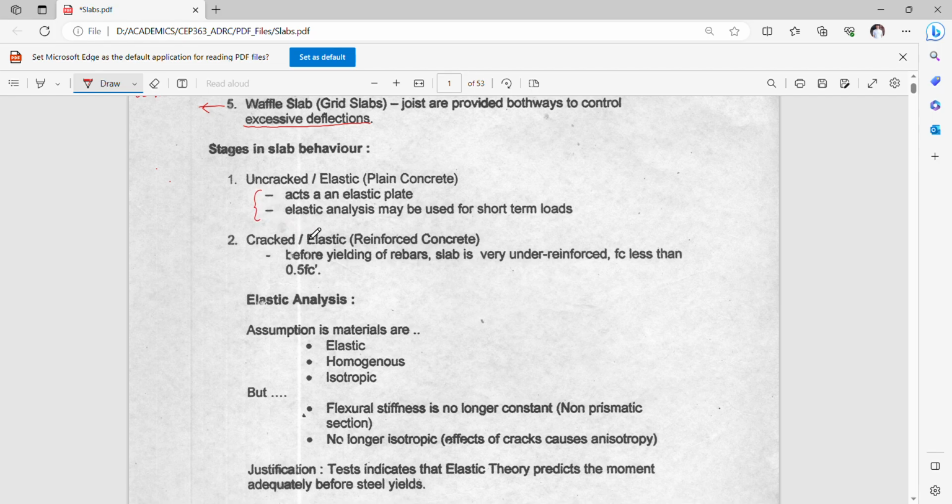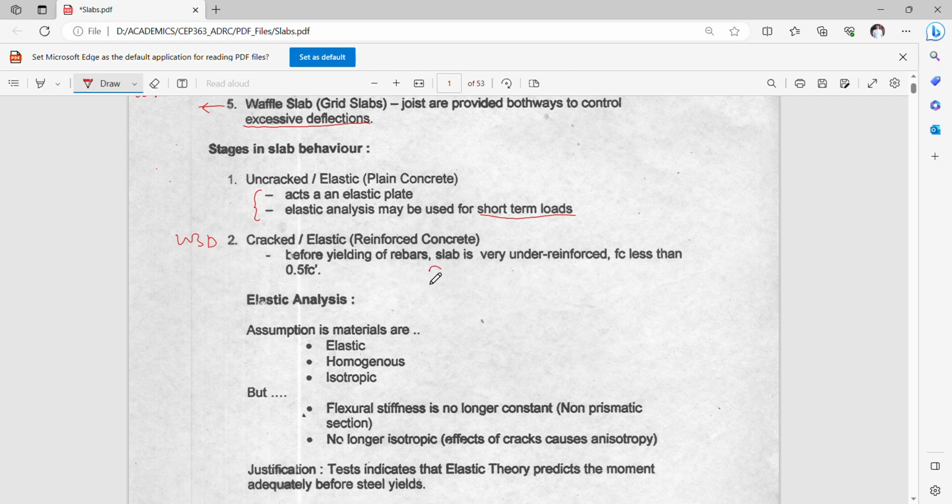For the uncracked elastic stage, this is simply a plain concrete case. Just like beams, we have here the simple flexural analysis or elastic analysis, but this is only good for very short term loads. For the cracked elastic stage, we have here the WSD method being used when we limit our fc to around 50% of f'c.